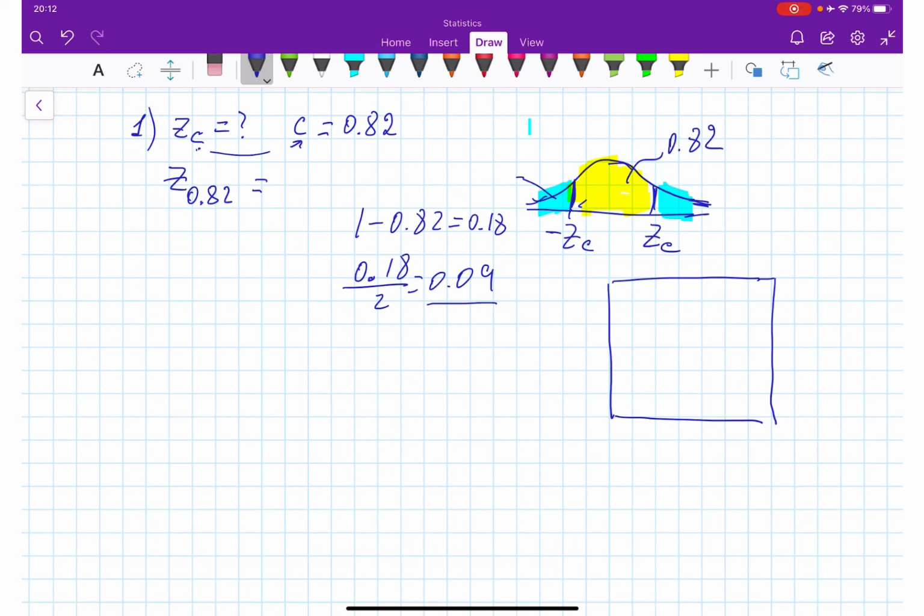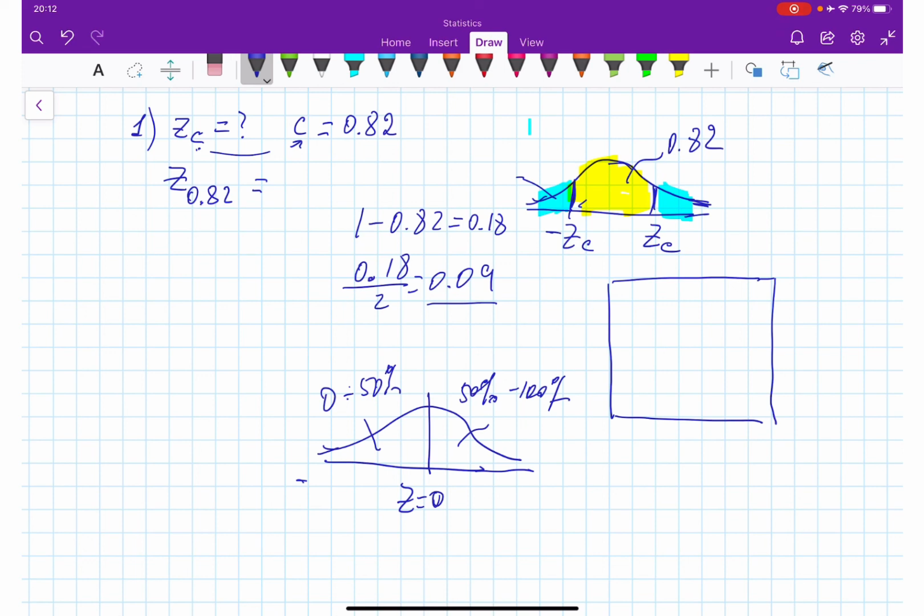Since we know it's bell-shaped, the mean is right here, where the z-score is equal to 0. It's separated from 0% to 50%, and the second area is from 50% to 100%.